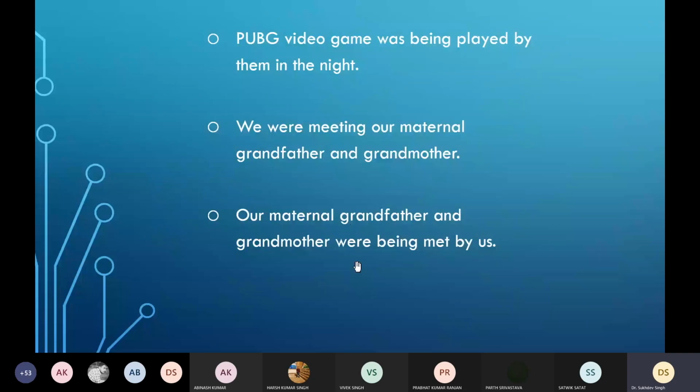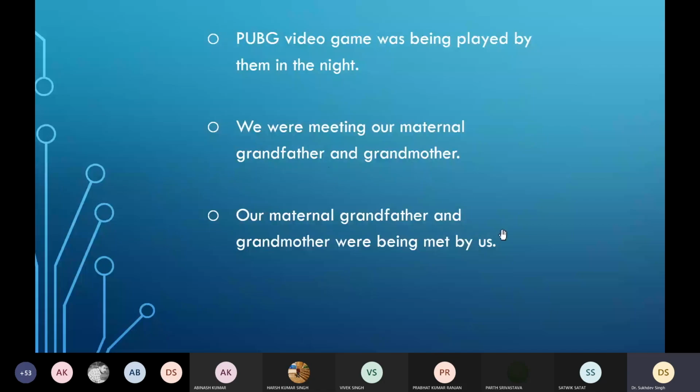That's why were has been used over here, and after that being to show the continuity, and then ing form is converted into the third form. The third form of meet is met, and then we add by, and because, as we already discussed, we in the passive voice is converted into us.